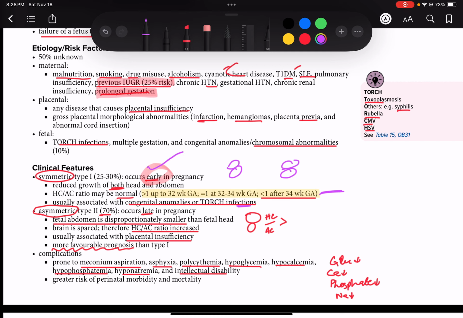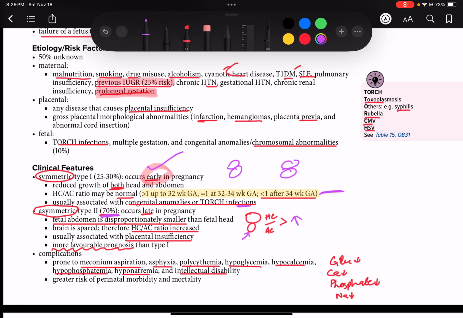But if it happens pretty late, which is the most common case, up to 70% is asymmetric. So if it happens late in pregnancy, the fetal abdomen is disproportionately smaller, and the fetal head is spared. No problems with the head. So head circumference by abdominal circumference would be increased. Why does this happen?